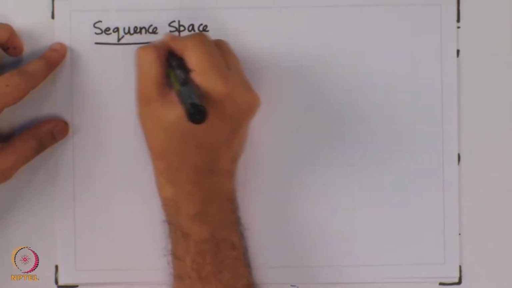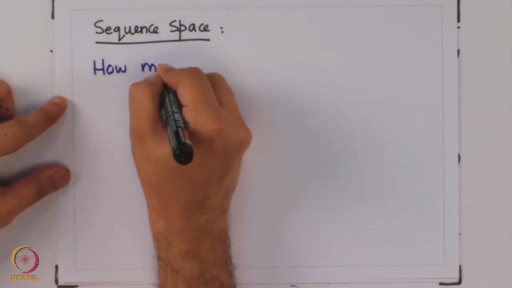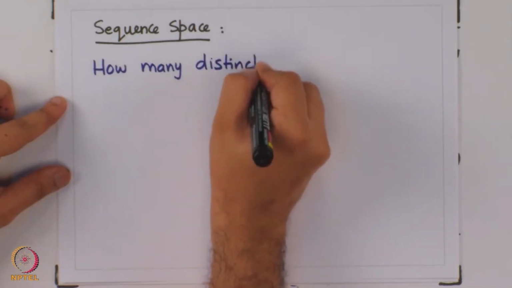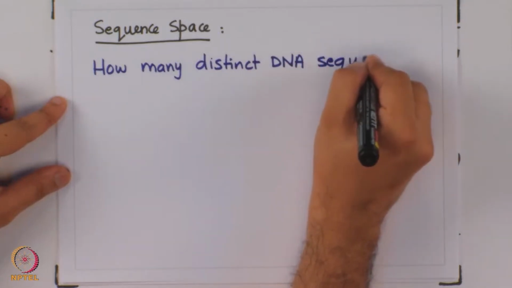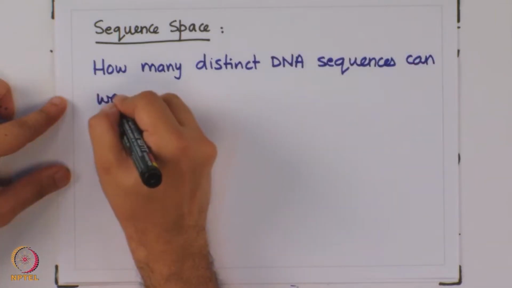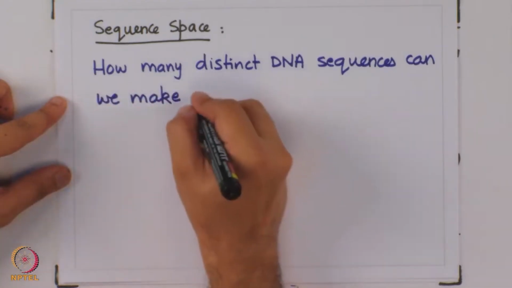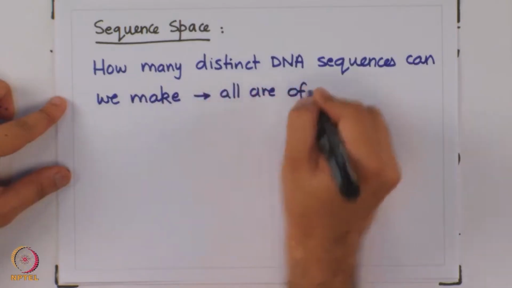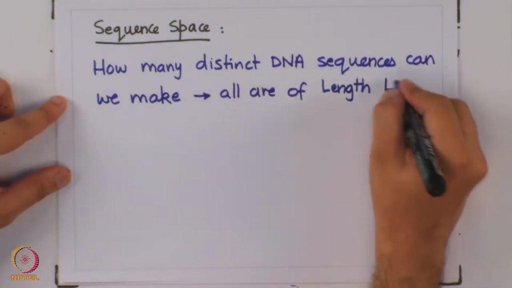Let's try and answer this question: how many distinct DNA sequences can we make such that all are of length L? That is the question that we want to answer.